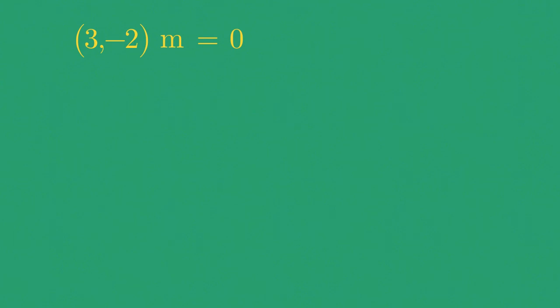Got the point 3, -2. We've got a slope of 0. What kind of a line has slope 0?